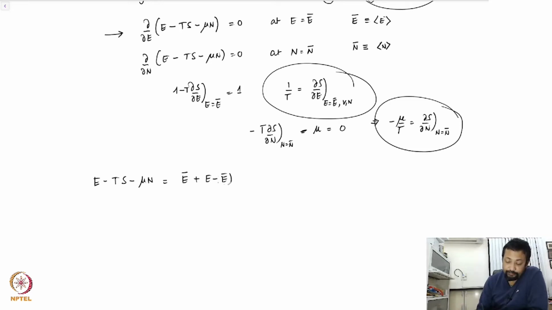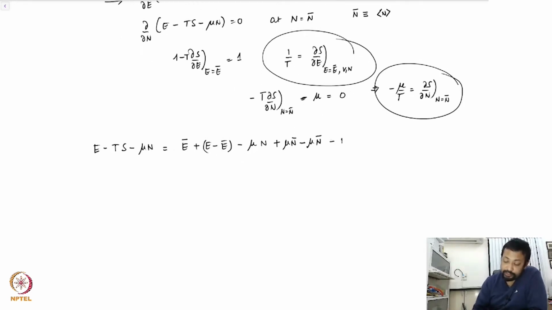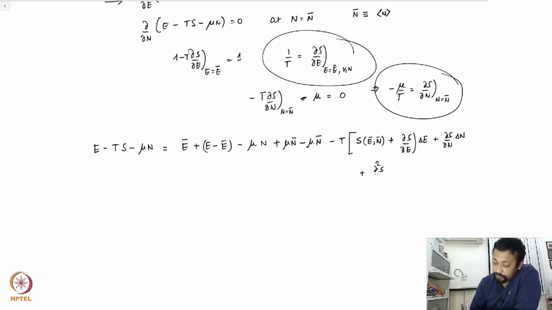E minus E bar minus mu N plus mu N bar minus mu N bar minus T S of E bar comma N bar plus del S del E delta E plus del S del N delta N plus del 2S del E2 delta E square plus del 2S del N2 delta N square.